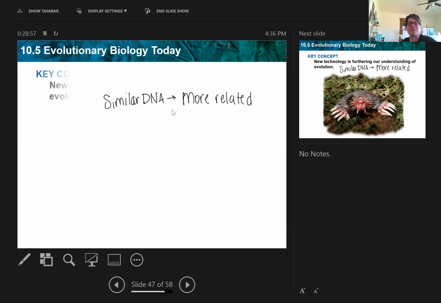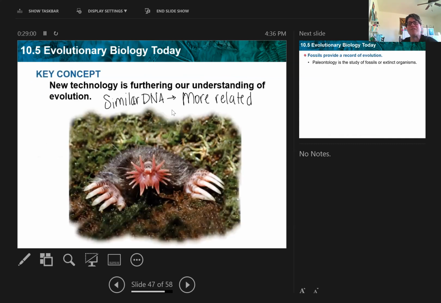Okay, so now we'll go on to section 5. Section 5 is like current evolutionary biology stuff. What's happening today? And this is what they're using to study COVID-19 for sure. So here's our big picture for this. If their DNA sequence is more similar, they're more related. That's our big picture.